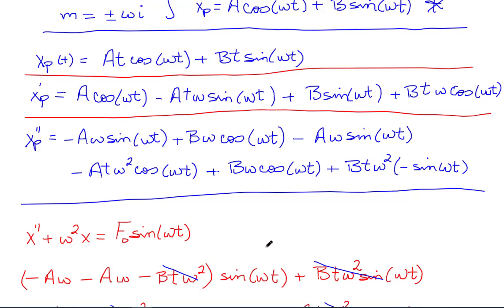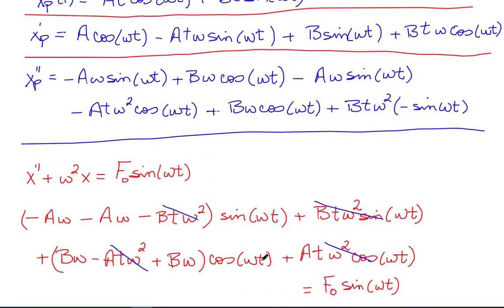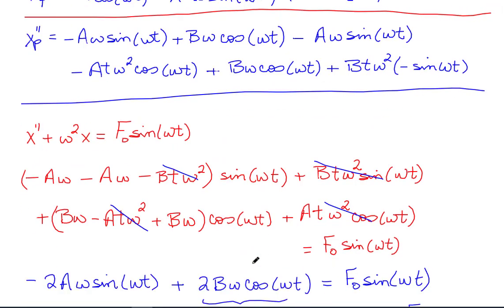Alright, so I'm going to try to keep together some things. I'm looking at this first piece, this minus bt omega squared sine cancels the bt omega squared sine. I got a positive and a negative. Similarly with the cosine piece, I've got a piece there that cancels.